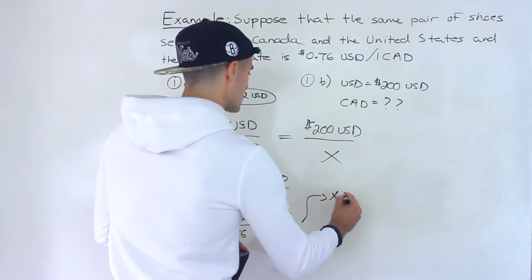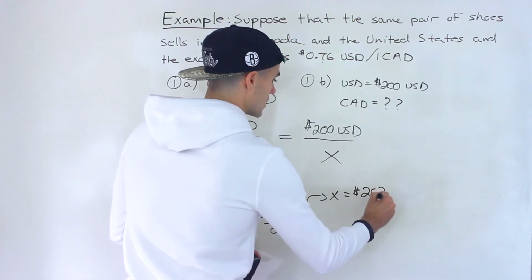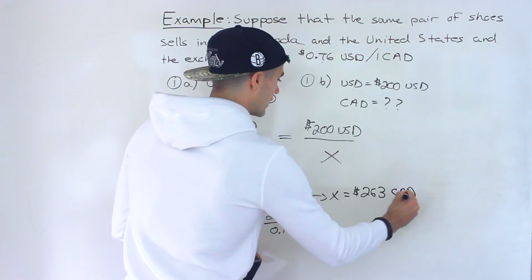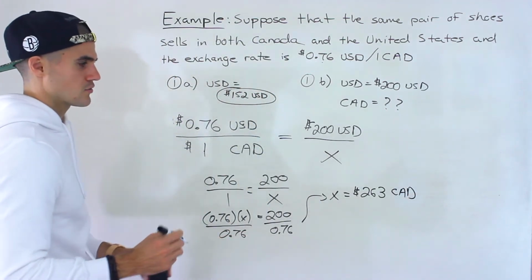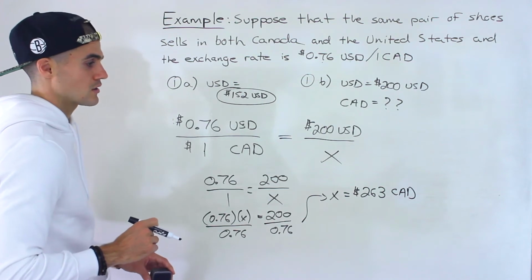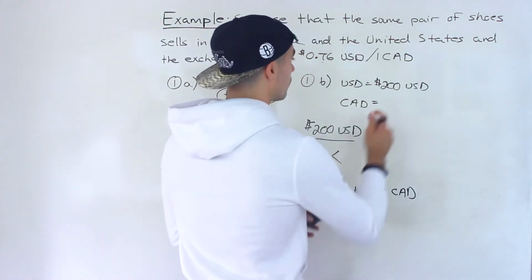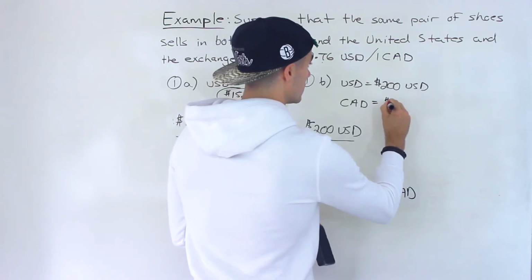And so if we round to the nearest dollar, X would end up being 263 Canadian. I think it's like 263.16. I'm going to leave it to the nearest dollar, so 263 Canadian. And so that ends up being the answer for 1B.